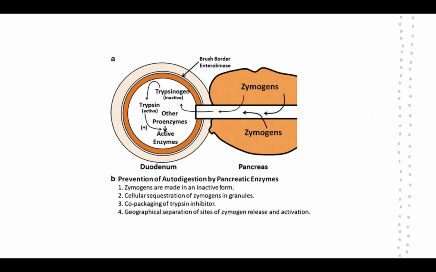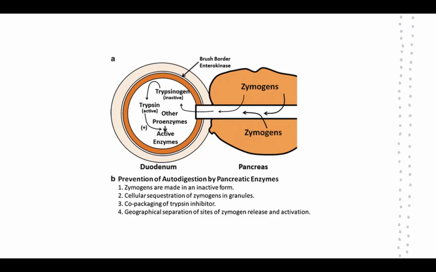It's a really big concern that the pancreatic enzymes could autodigest the pancreas. So how do we prevent this autodigestion process? There are four common ways. Zymogens are made in an inactive form, then transported and later activated in the gut. Also, the zymogens are packaged in granules, which are then transported into the gut.